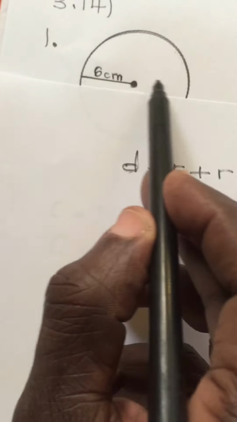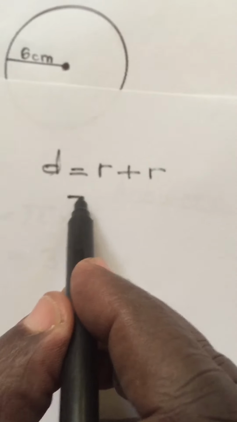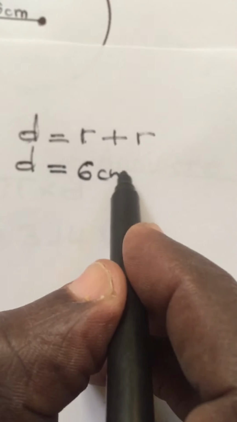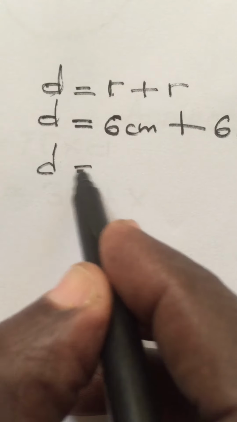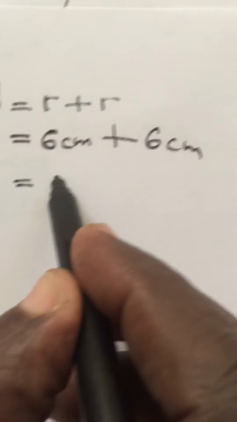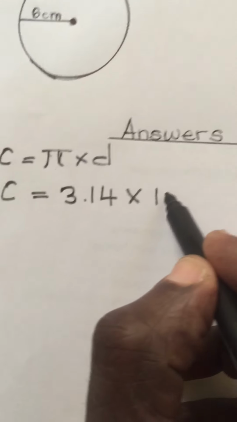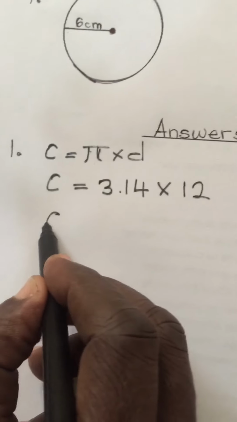Here we are given radius, which is 6 centimeters, so our diameter is equal to 6 plus 6, which is 12 centimeters. This is the diameter that we are going to write here, 12.